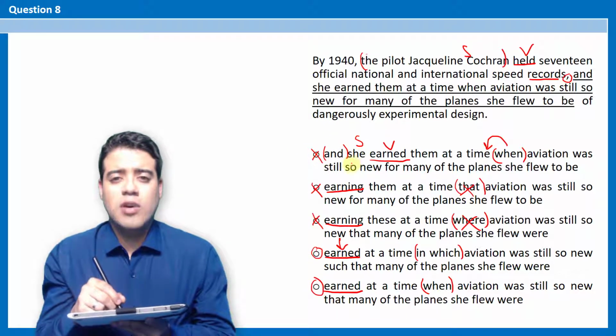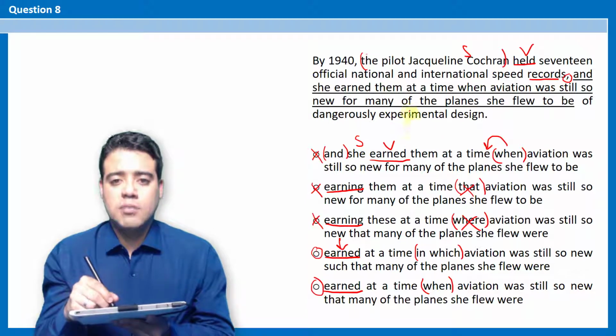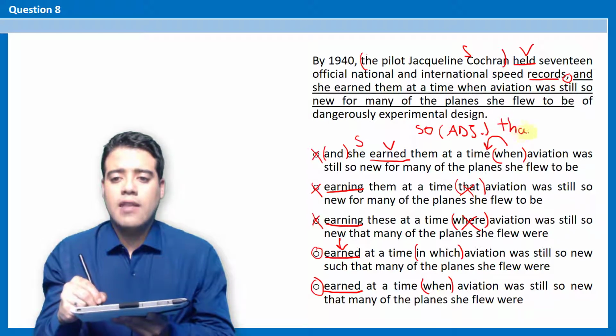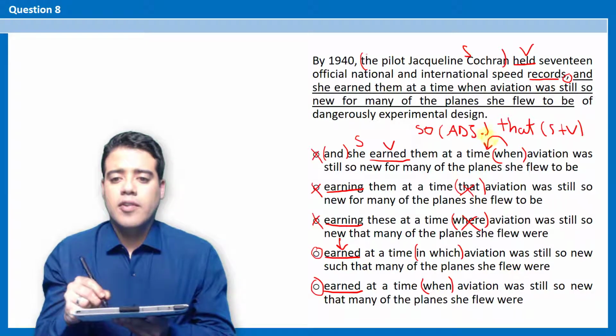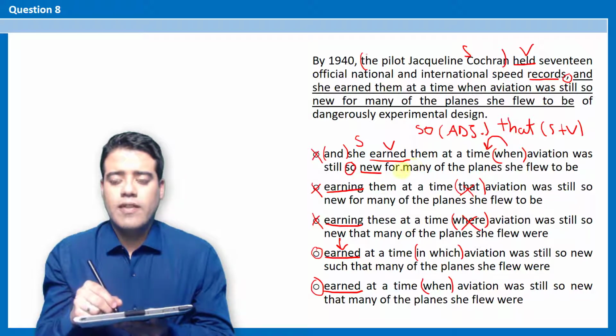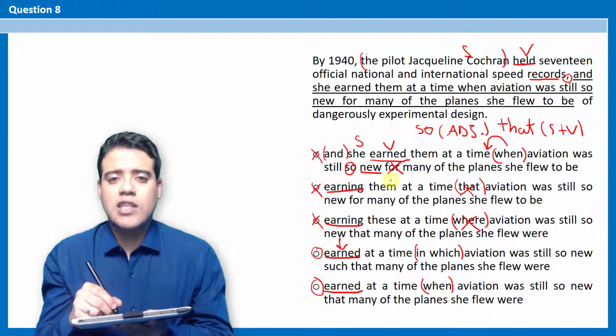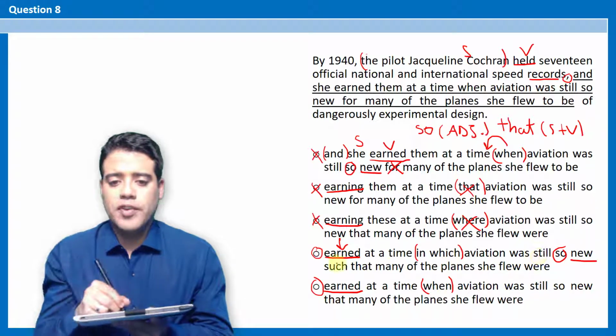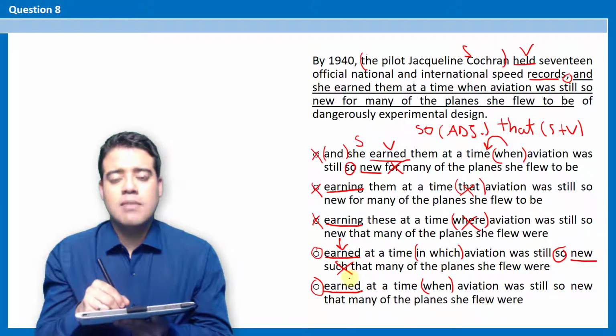But there is something else that is wrong in A, an idiom that you must memorize. And the idiom is so plus an adjective. It could be any adjective followed by a that clause. That subject verb. So in A you have so new, and then there is no that clause. So new for, that's not idiomatic. In D you have so new such that, and that is not idiomatic.